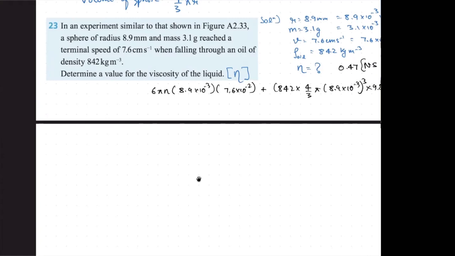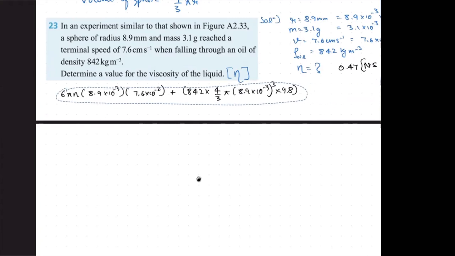Make sure you put the brackets correctly in your calculator while solving. Otherwise, you will end up with the wrong answer. This will be equal to mg, which is 3.1 times 10 raised to the power minus 3, times 9.8.